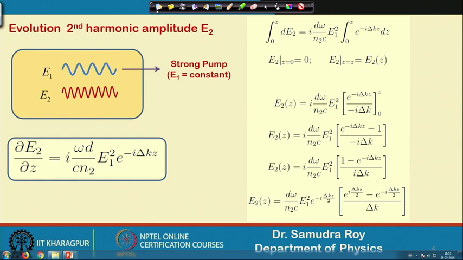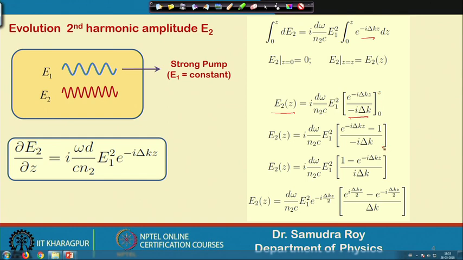Okay. Now the integration part, we know this integration, and it is very straightforward. This will be E2, and this is a constant term, as I mentioned earlier, so it will come outside. The integration of e to the power i k z gives e to the power i k z divided by i k in the denominator, with the limit 0 to z.